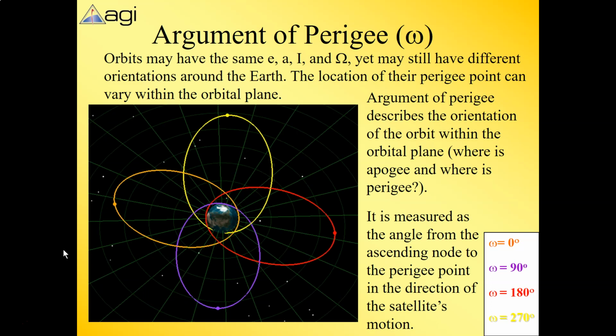Up to this point in the lesson, circular orbits have been used heavily for examples, but a circular orbit has no perigee. Therefore, on this slide, highly elliptical orbits are used so that the perigee point becomes obvious.